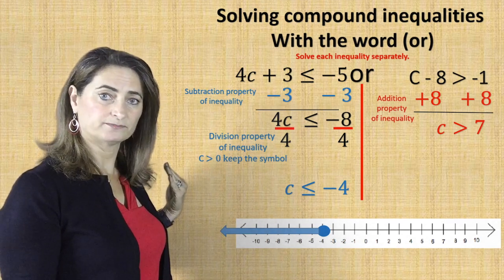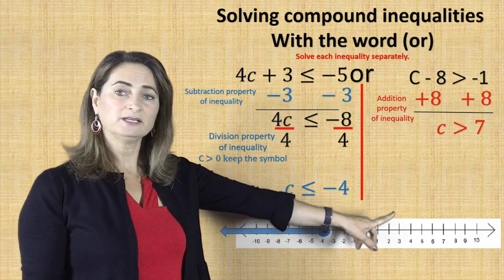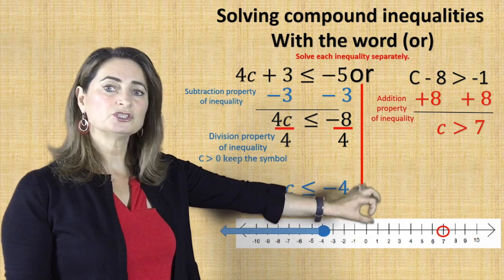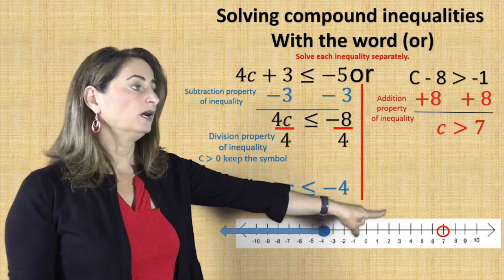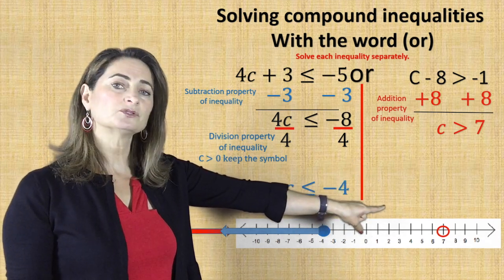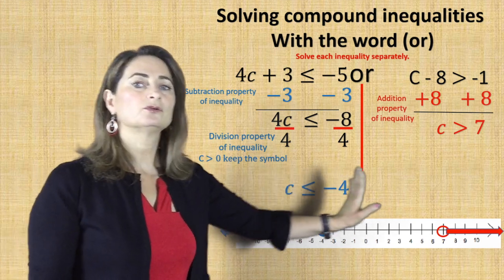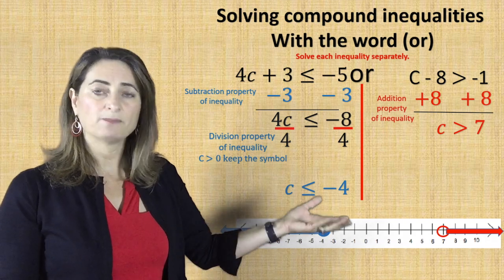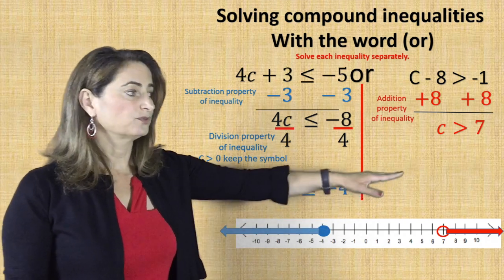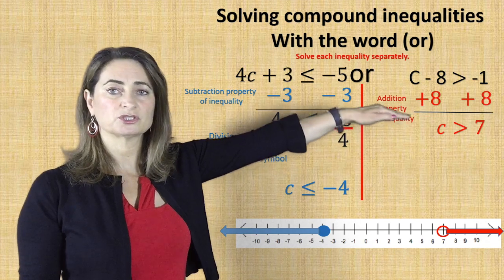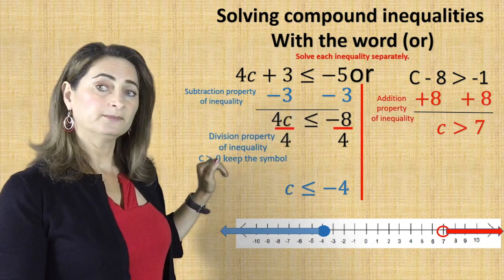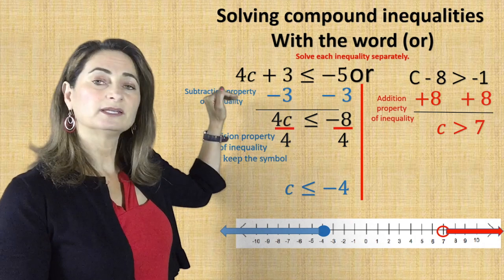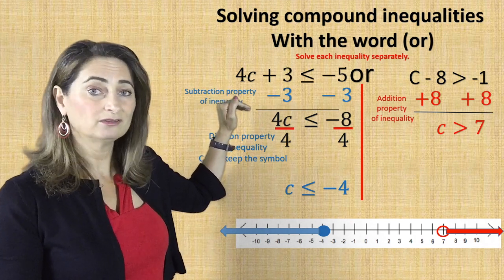Now to graph the second part with the red, that means 7 is not a solution, so we use an open circle on the 7, and I need all possible solutions more than 7, so I will be going to the right, showing all possible solutions to that part. So this arrow shows the solution to this part only. The blue arrow shows the solution to the left part only, so either, not both.